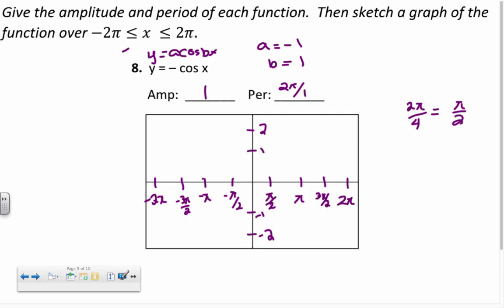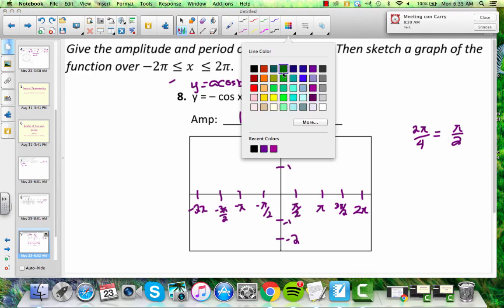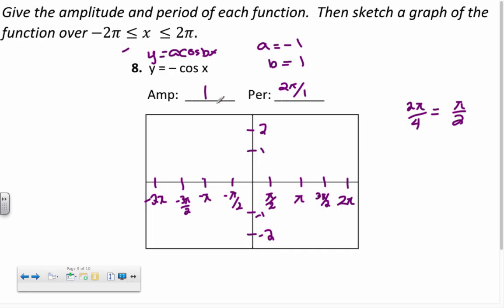So let's get a different color here. Now that I did all my other work, let's do green, and we'll graph this in green. We start at a negative amplitude, negative 1, and then go through pi over 2 and up to 1 at pi, and then I go back down and end at 2 pi for that period.